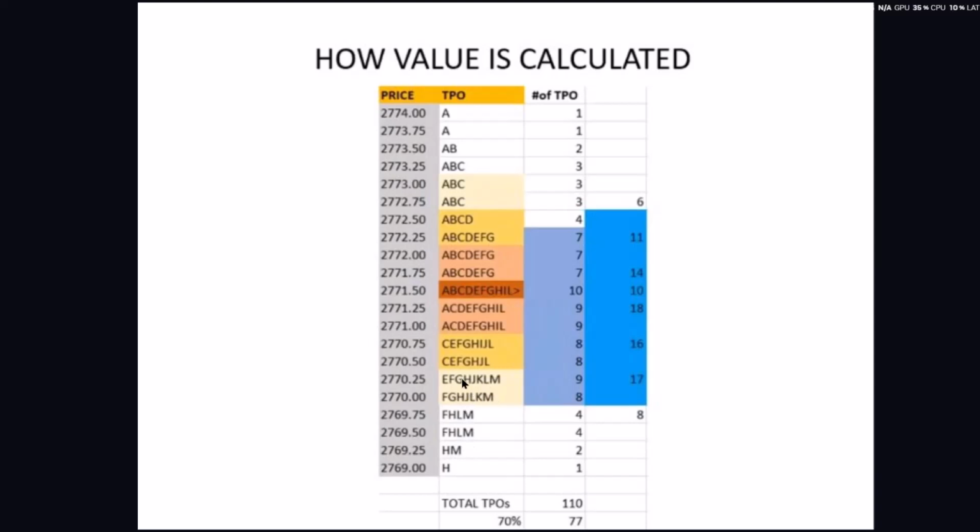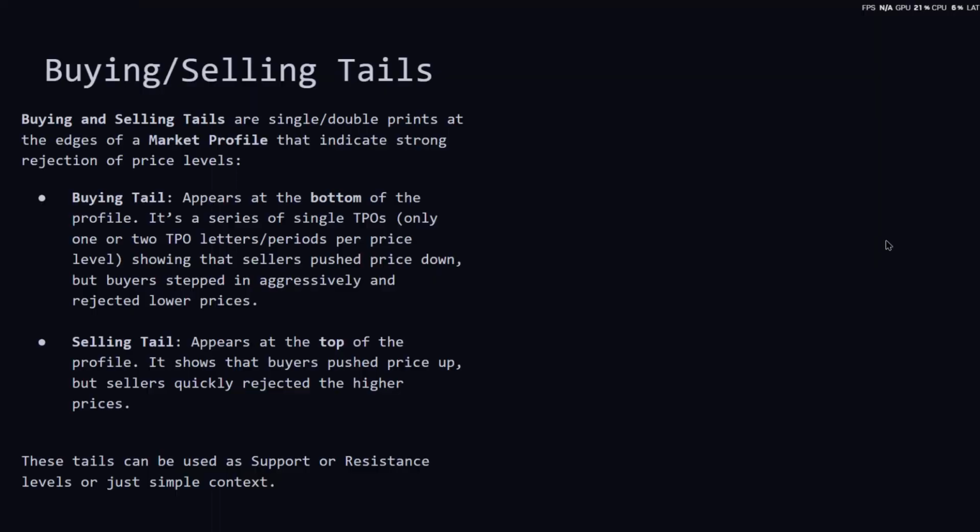Then here we had 8, 9, 8, 8, 9, 9, 10, 7, 7, 7, 4. So these were the highest numbers, and our value area is placed around here. And you can see we had 110 total TPOs, and we had 77 inside the value area, so essentially 70%.